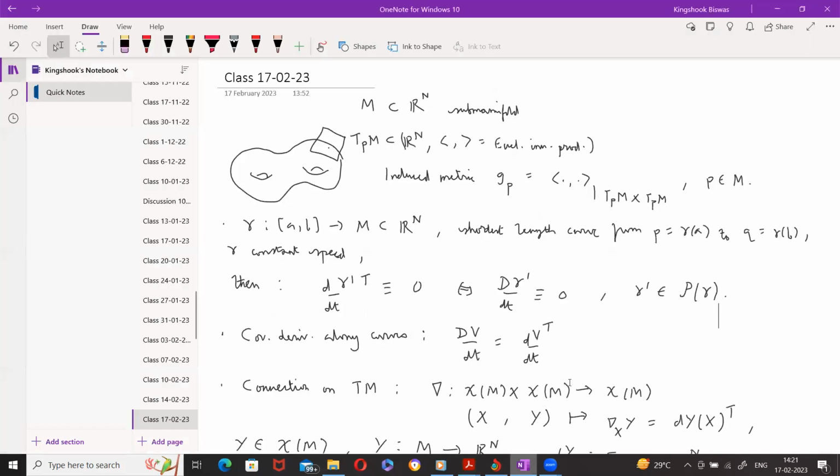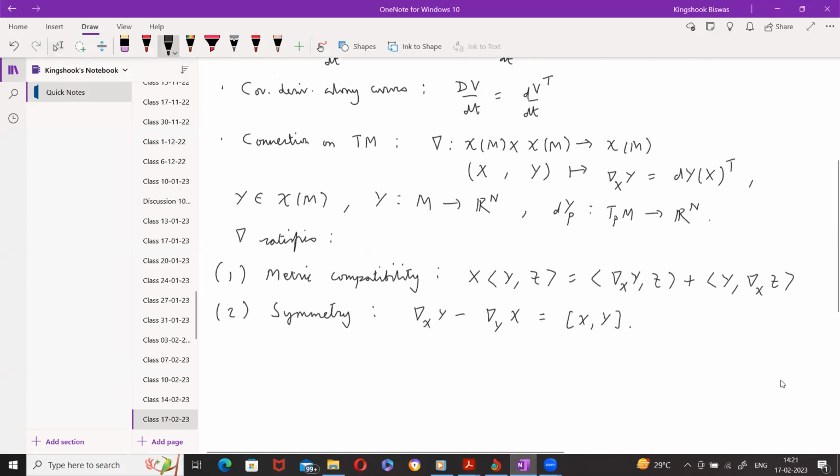So let's notice some things. So gamma is defined to be a geodesic if the covariant derivative of gamma prime is identically 0.